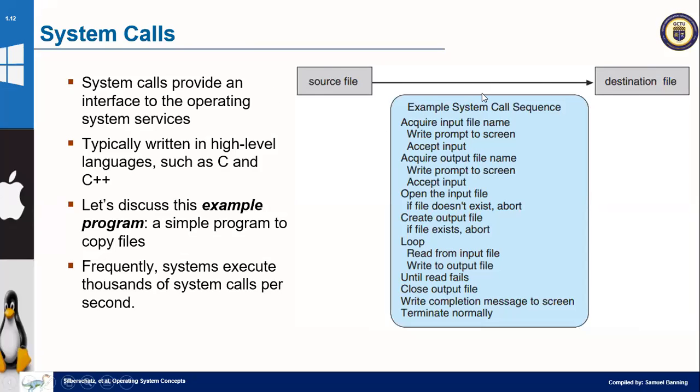In order to make this work, the program that is trying to do that copy and paste will have to go through the operating system, through a series of activities. The first is to accept the inputs. You know how to do copy and paste.